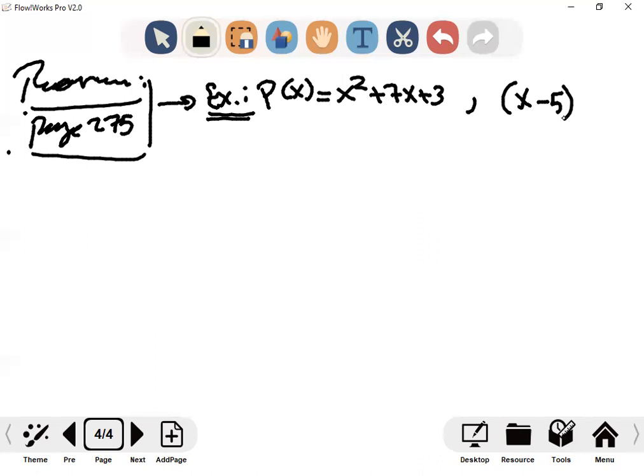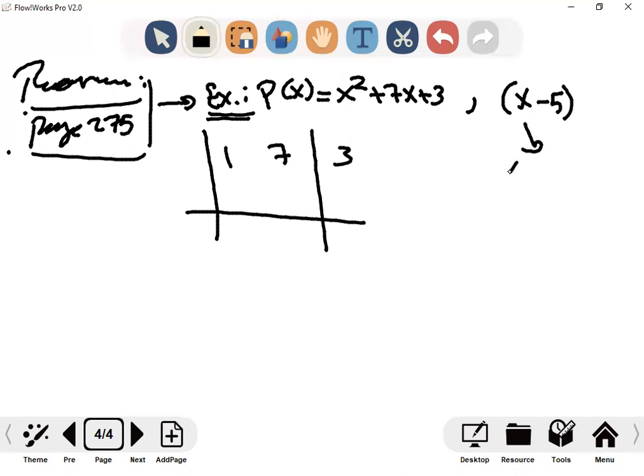Remember how we divide by synthetic division. We take the coefficients, then we take the number here, but we switch the sign. So here 1, 7, and 3, and we make our lines like this, and we put my number here, x equals 5.